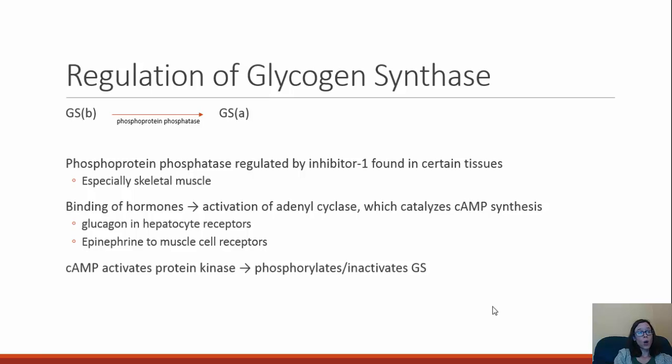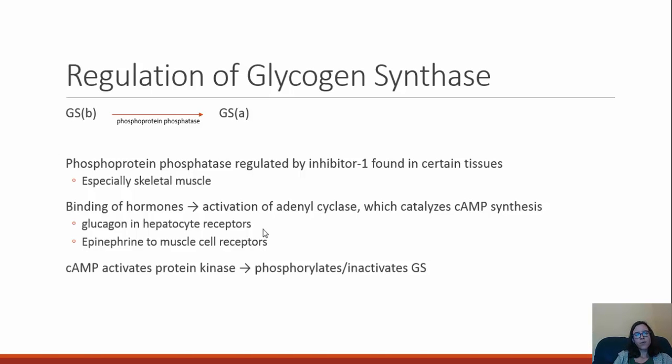Okay, so we can also go the opposite way, where we can have inactive glycogen synthase, and then we can take away the phosphate group that made it inactive through the use of an enzyme, which is a phosphatase. And then when we take the phosphate away, again, we have the active form of glycogen synthase. So just think, active, add a phosphate, then it becomes inactive. When we take away the phosphate, it becomes active.